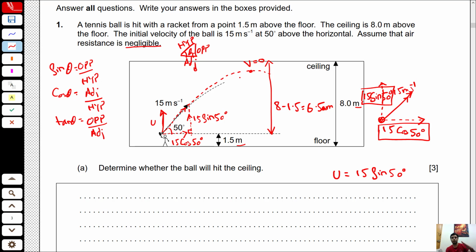The ball moves like a projectile, and at the time when it reaches the maximum height, it is moving horizontally. No vertical motion is there, and then it goes down. So maybe you can write it down here: at maximum height, your final vertical velocity is 0.